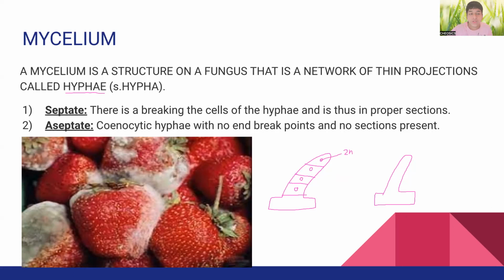Aseptate is more of a cenocytic type of hyphae. The septate is in proper sections. Aseptate hyphae are a cenocytic type of hyphae. A cenocyte is basically an organism that has karyokinesis taking place, but not cytokinesis. We have all seen what binary fission is. One cell divides into two.